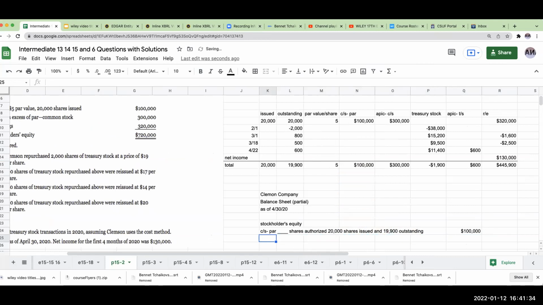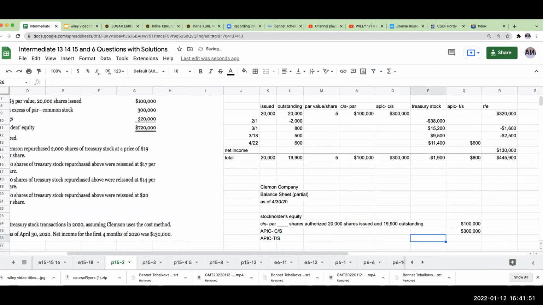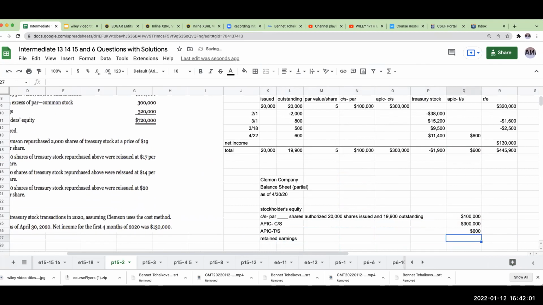Then we're going to have additional paid-in capital, common stock, right over here. We can also show at this time additional paid-in capital, treasury stock. You can really do it at any other point. So it can be at 600. And then over here, we're going to have our retained earnings at 445 less treasury stock.